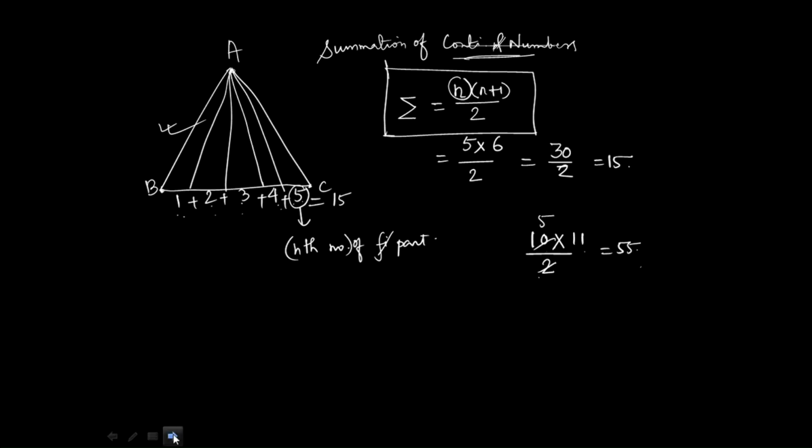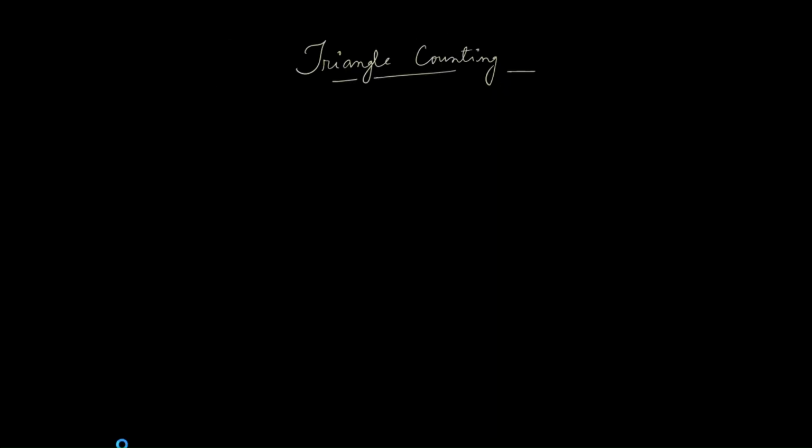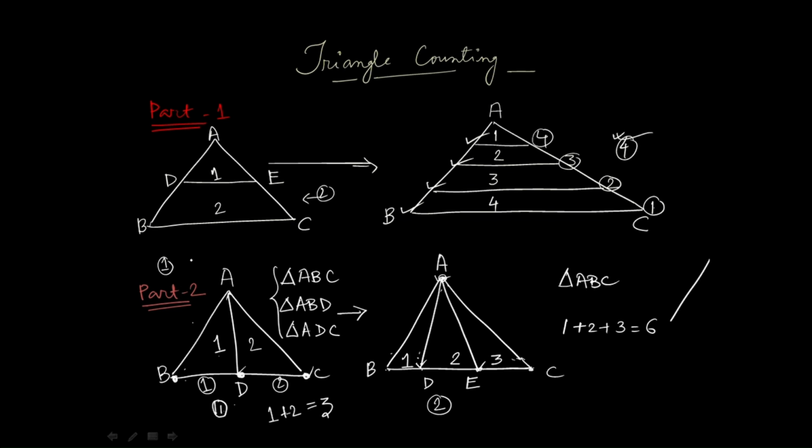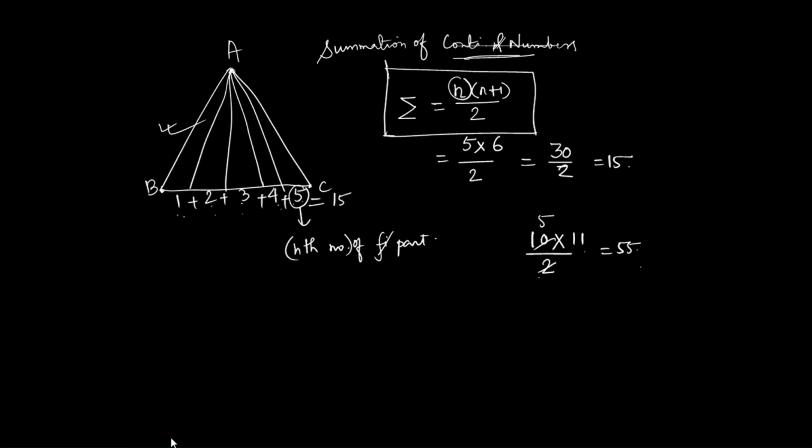So this is part 2, and part 1 has been discussed. Okay, part 1 and part 2 have been discussed. So we now have to get a figure like this.